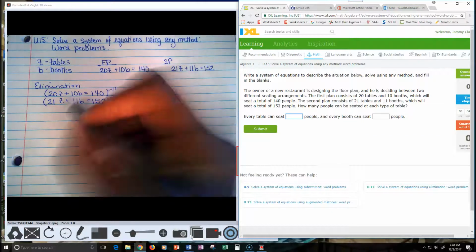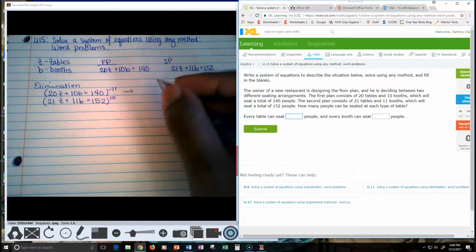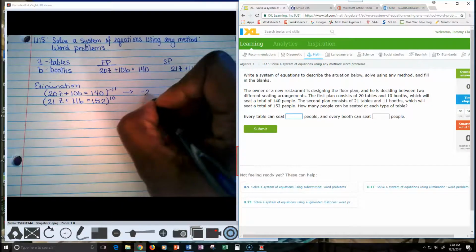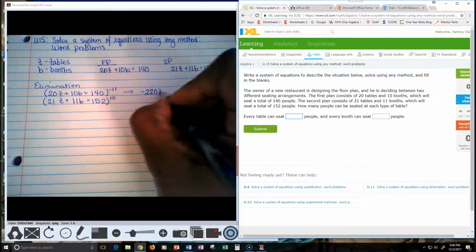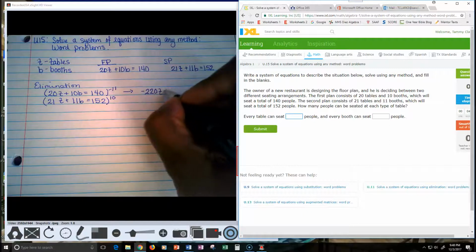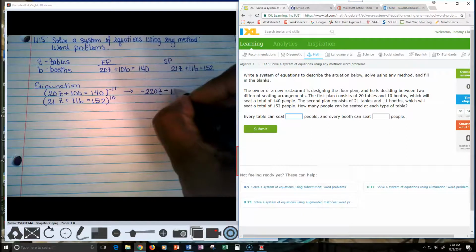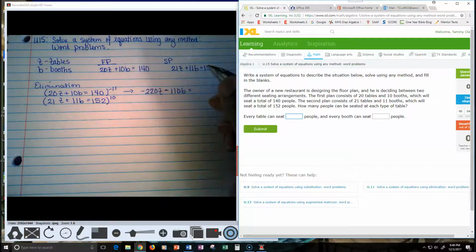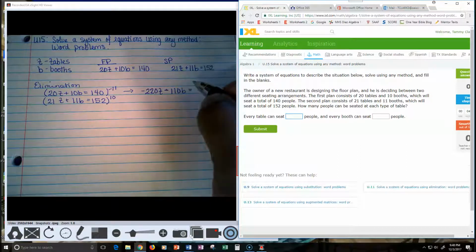So negative 11 times 20 would be negative 220T, plus negative 110B is equal to, go ahead and break out your calculator if you need to, because in the interest of time, I'm going to break mine out. 140 times 11.